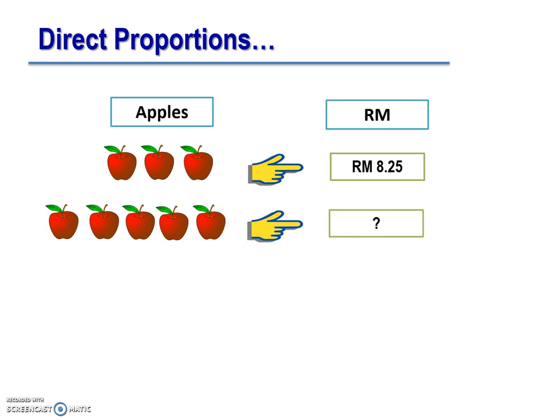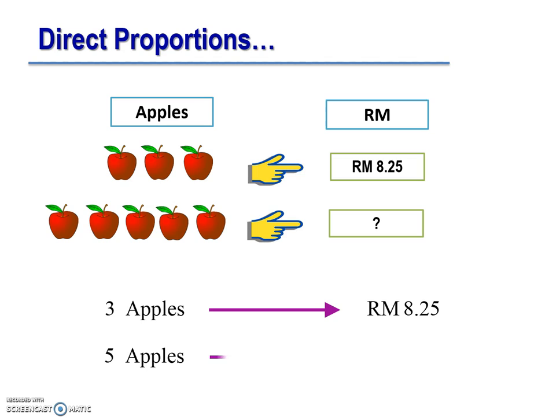Alright, now you cannot just simply multiply by 2 because the number of apples here is 3 and here is 5. So this is the usage of the technique that I'm going to show you in direct proportion. Now 3 apples will give you 8 ringgit and 25 cents. 5 apples will give you a question mark.